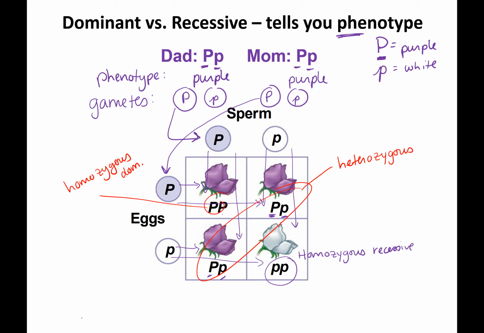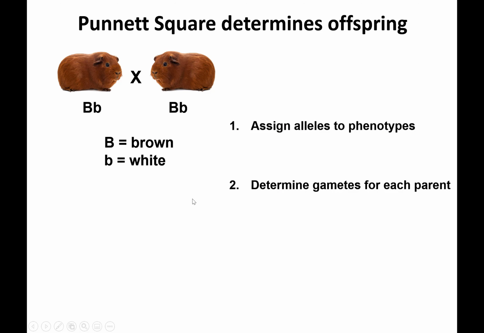Alright, so let's work through a problem together. Alright, you have guinea pigs. The first thing I want you to always do is assign alleles to phenotype. So I have told you that big B is brown and little b is white. Second step, determine the gametes for each parent.